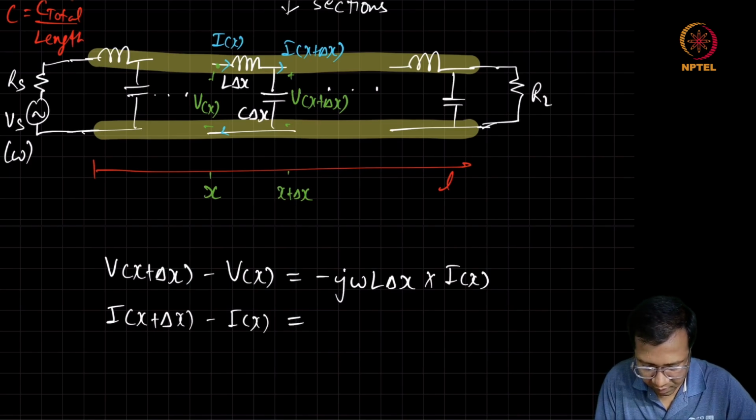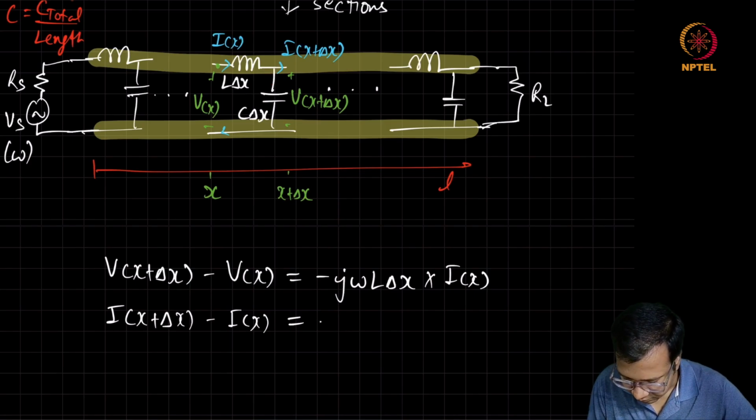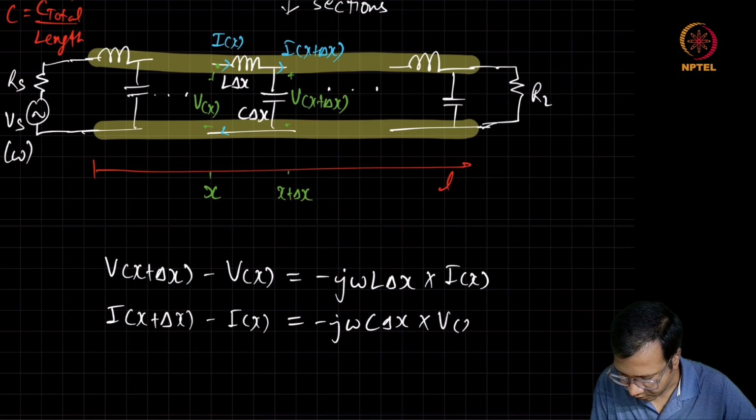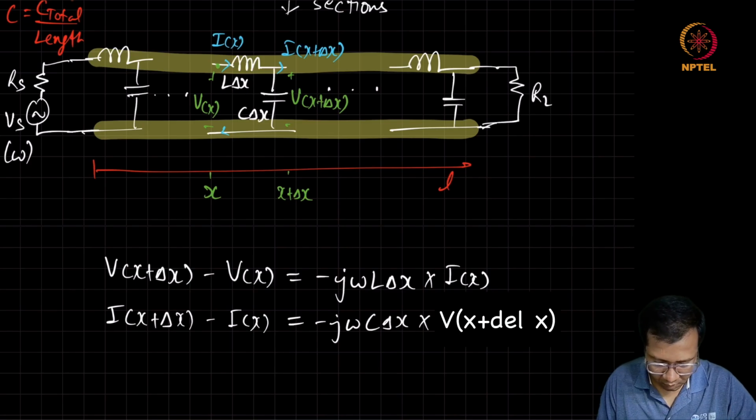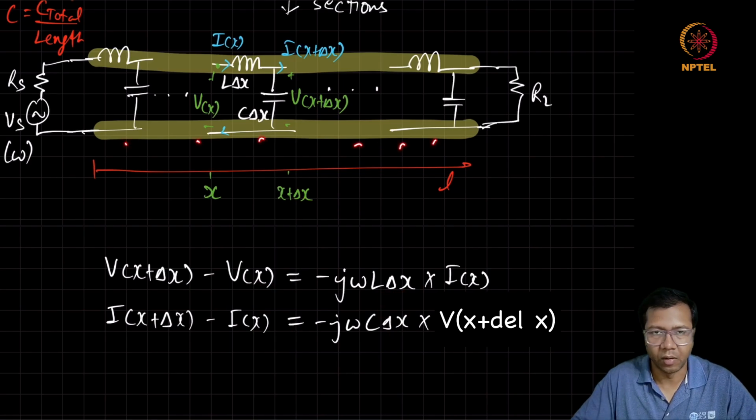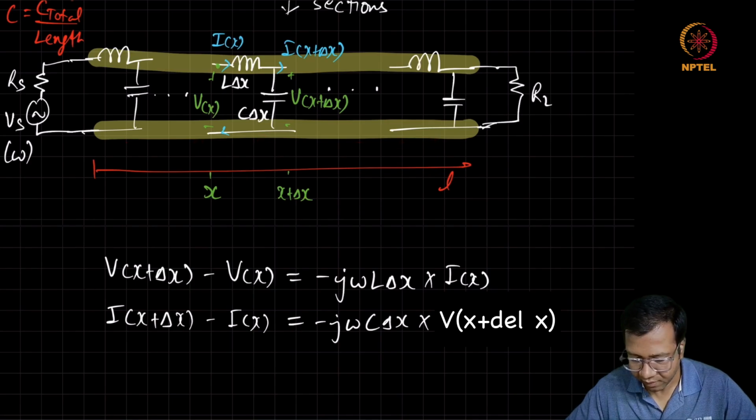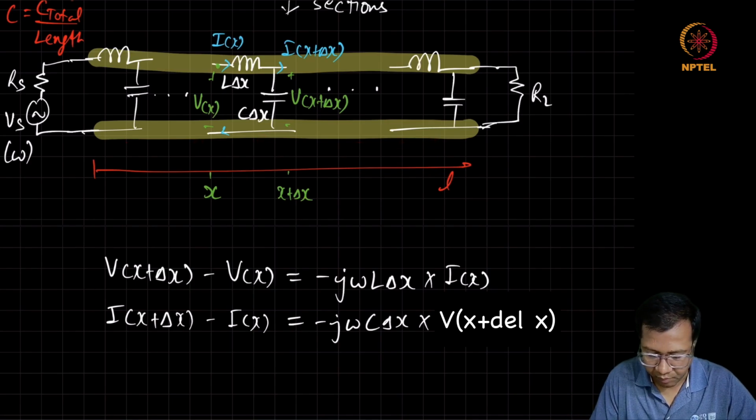That change in current is because of the current flowing in this capacitor, j omega C delta x into V of x plus delta x. And in the limit, when delta x tends to 0, we obtain infinite number of sections for the simple model of the cable.